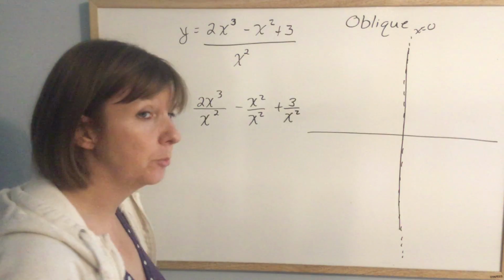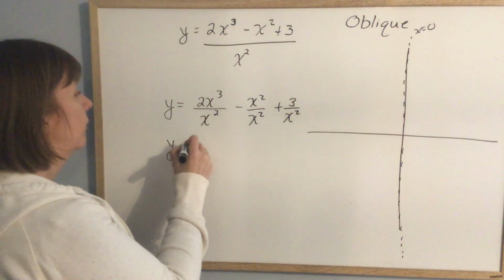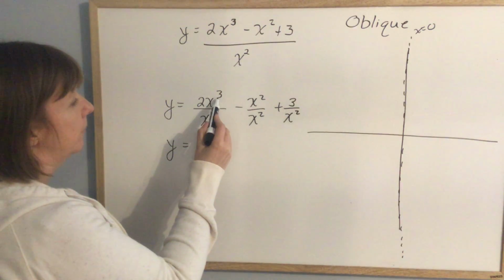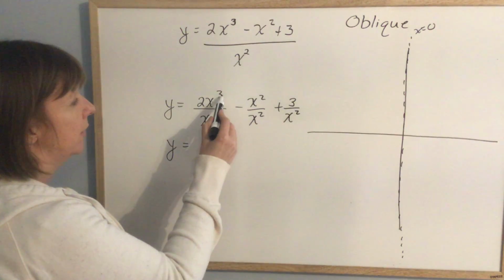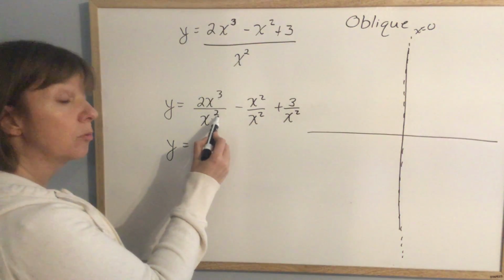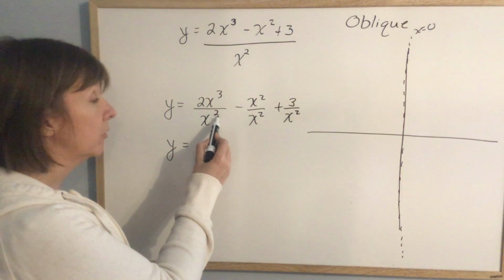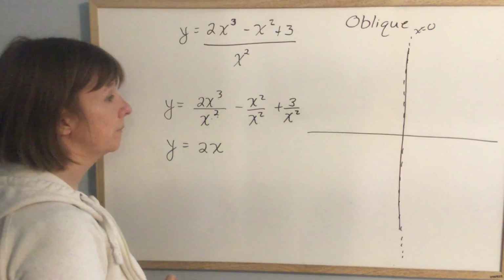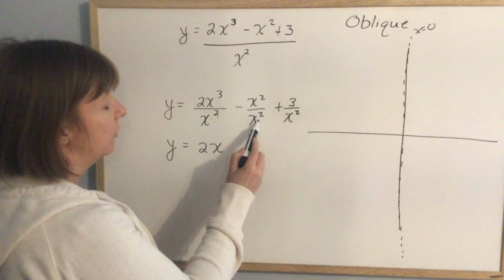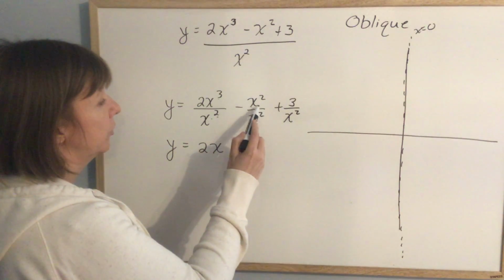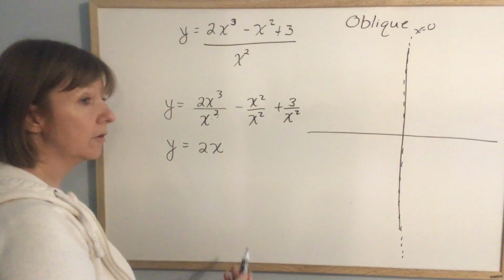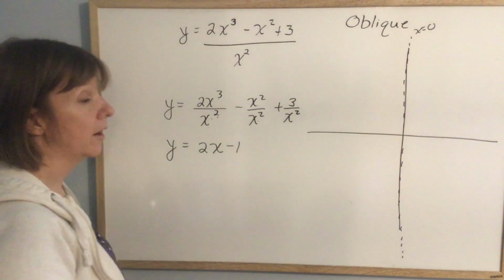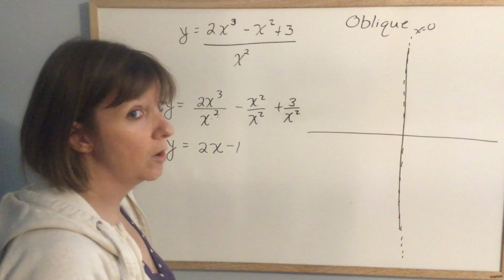So I'm going to look at each piece separately. With this piece, x cubed over x squared, remember you subtract your exponents when you're dividing, so this would actually be 2x. Here, x squared over x squared, it's the same thing over the same thing, so that's just 1. Anything divided by itself is 1.